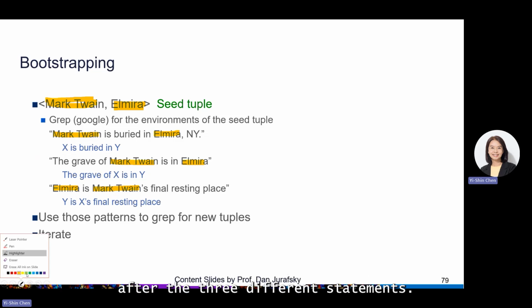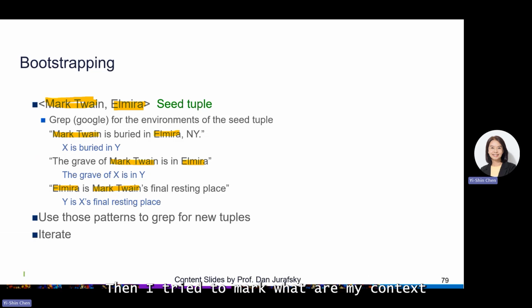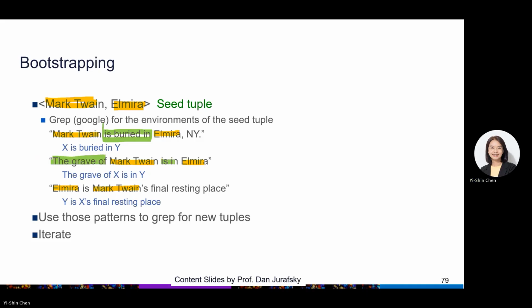Then I try to mark what the context words are between X and Y. Here are the context words between Mark Twain and Elmira, and here are the context words between Mark Twain and Elmira, and here is the context word between Mark Twain and Elmira.